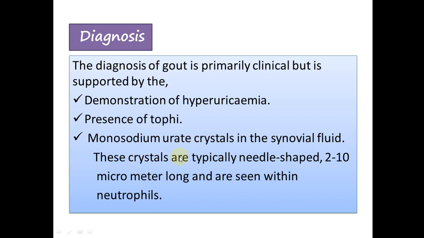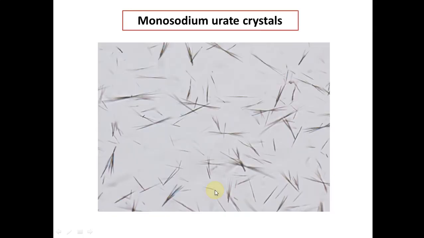And these are sharp, slender crystals of up to 10 micrometers in length, and usually they are seen within the neutrophils during the process of phagocytosis when the neutrophils engulf these monosodium urate crystals.